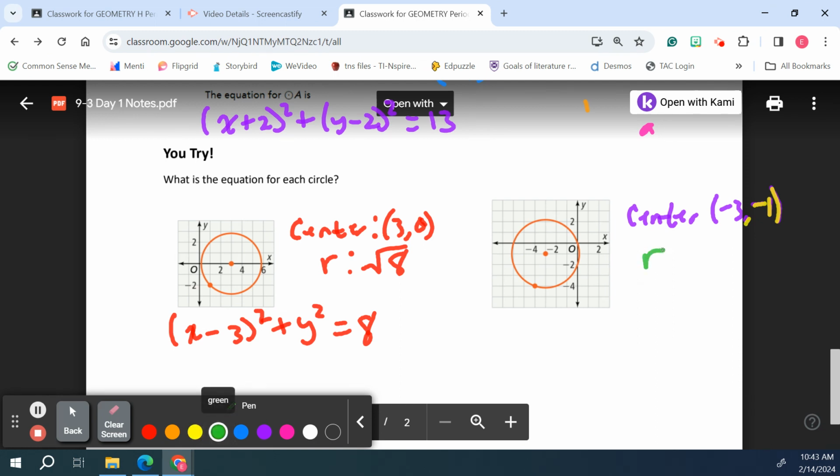We have a radius, in this case, of the square root of 10, which makes the equation x plus 3 squared plus y plus 1 squared equals 10. Questions on this one? Is there anything I can address?